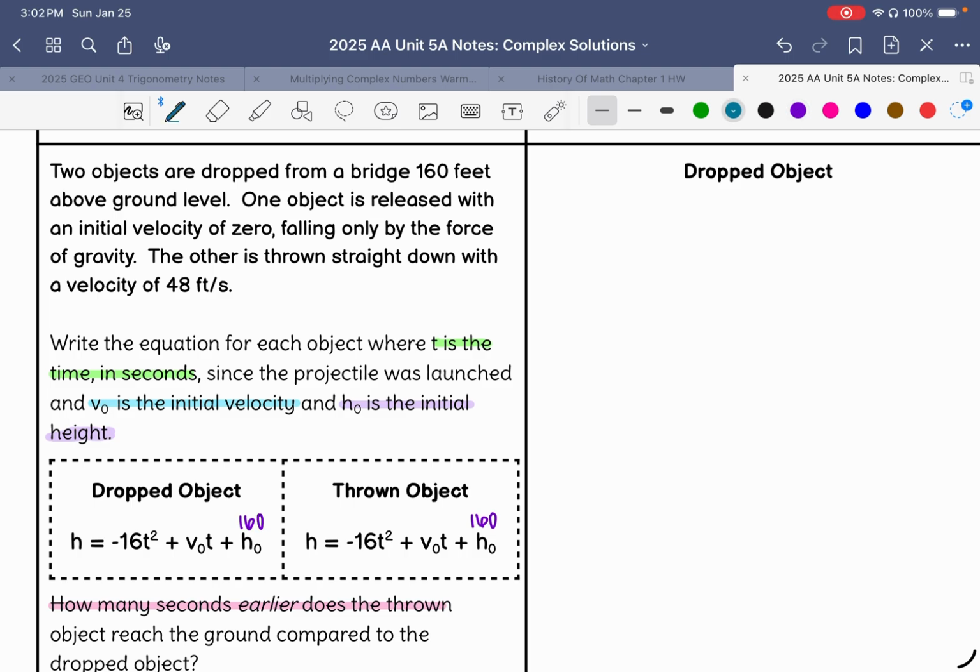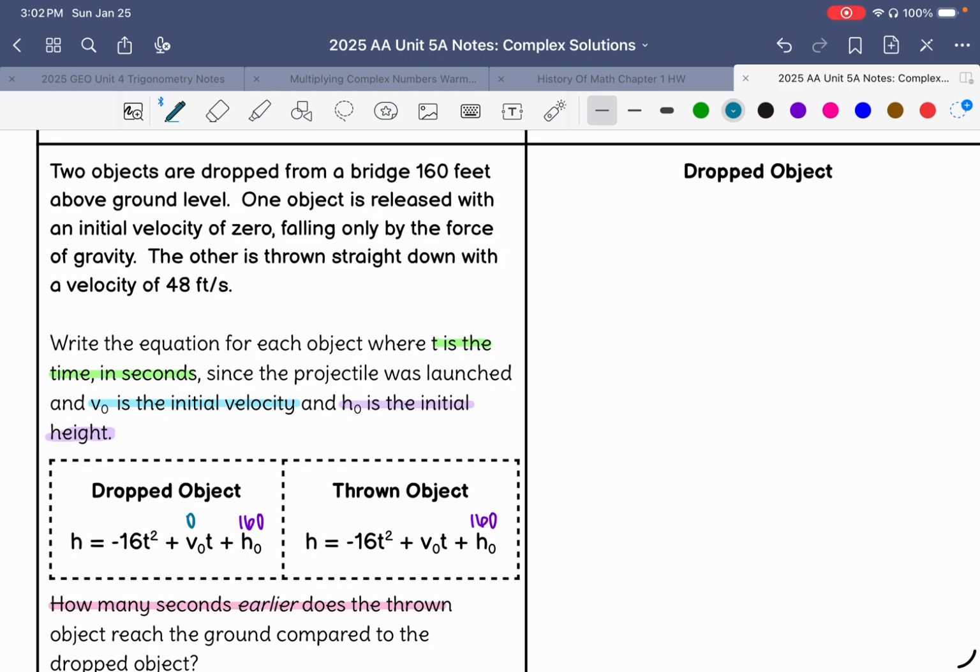Now, we have one object that was dropped, falling only by the force of gravity. That means that we do not have any extra velocity acting on that dropped object. So I'm going to label the v sub 0, the initial velocity, as 0 for that one.